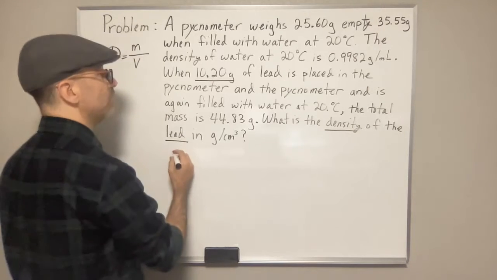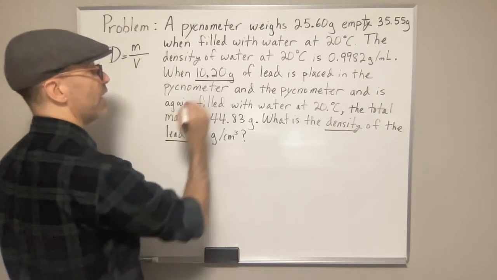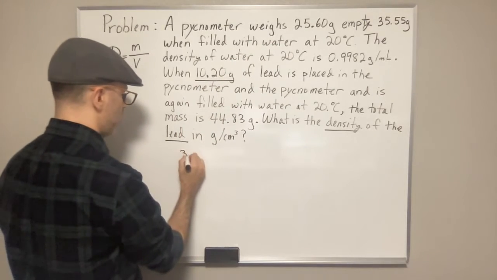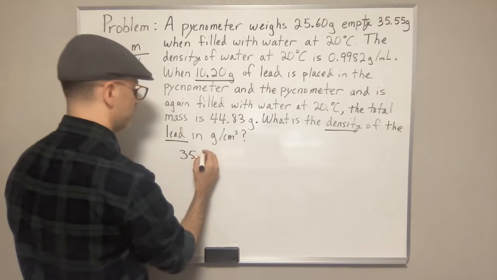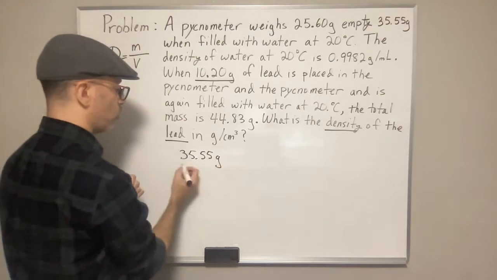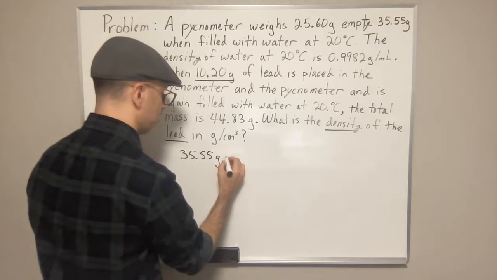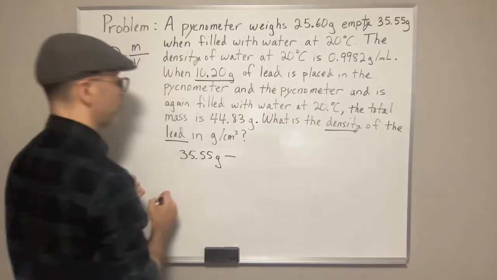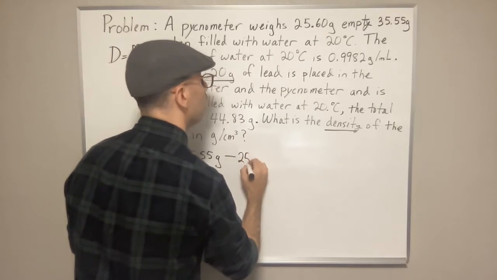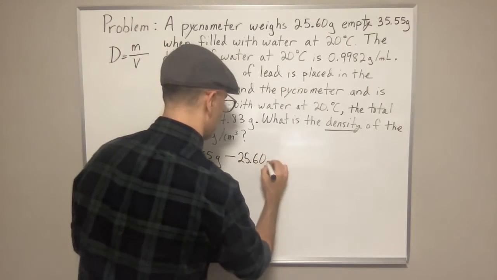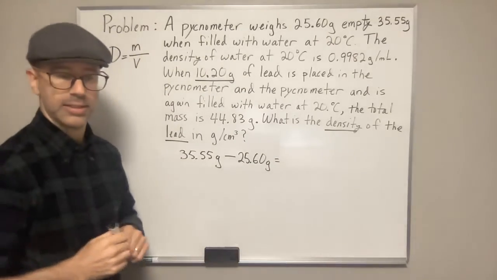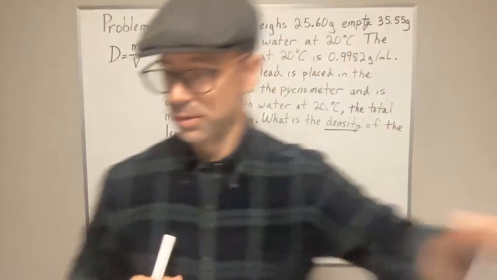So we can get the mass of all that water in the pycnometer. We take 35.55 grams, that's with the water and the pycnometer together, and we subtract out the mass of the pycnometer, 25.60 grams. And there we get... where's my calculator?